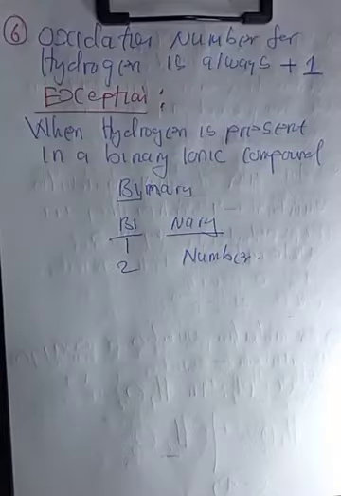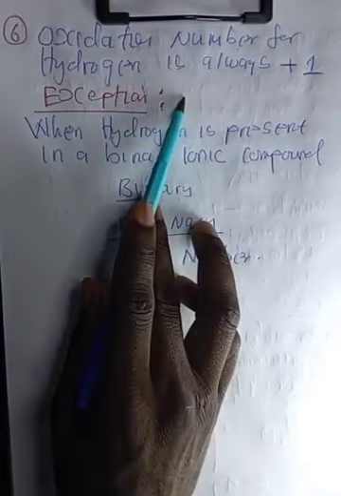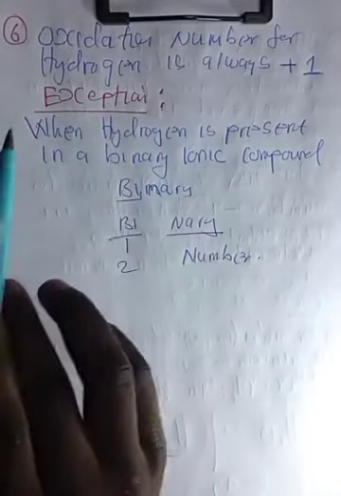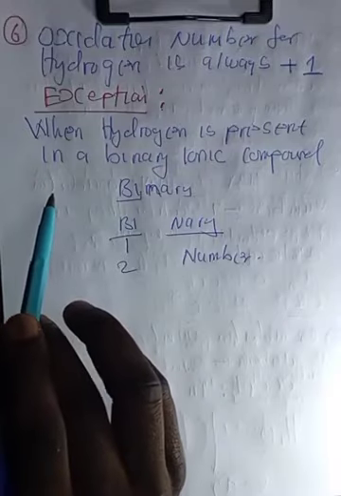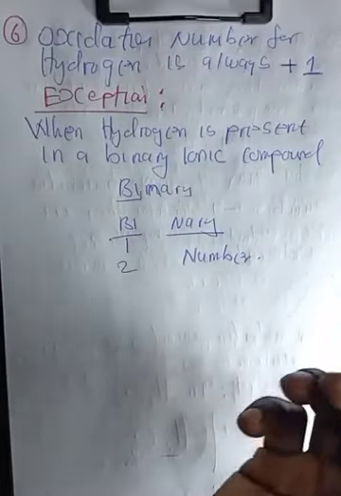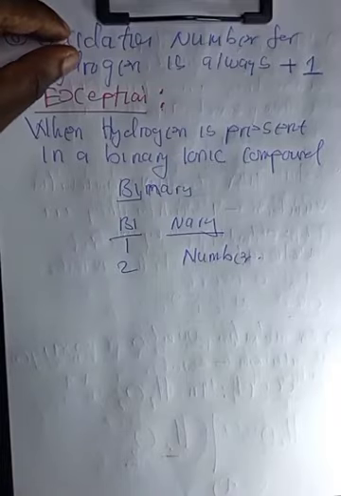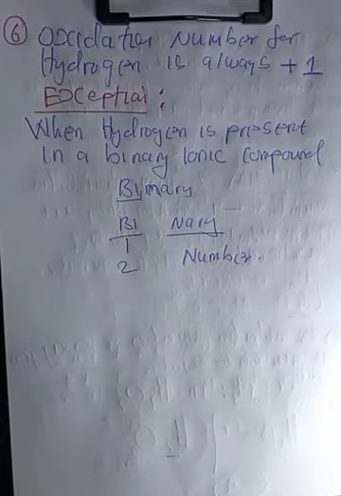So we are saying that the oxidation number for hydrogen is always +1 when it is present in any compound. So whenever we see hydrogen in any compound, the oxidation number is +1. We only have one exception. So except when hydrogen is present in a binary ionic compound.